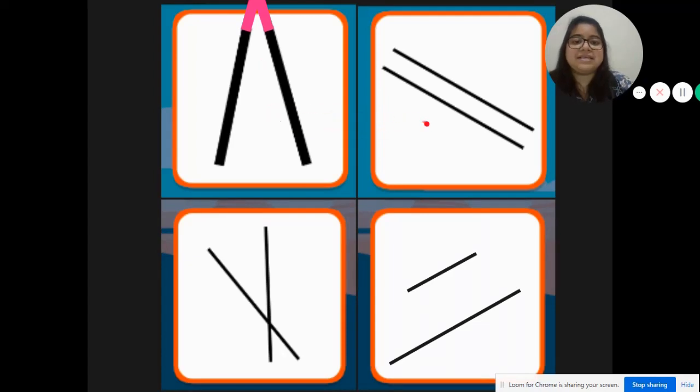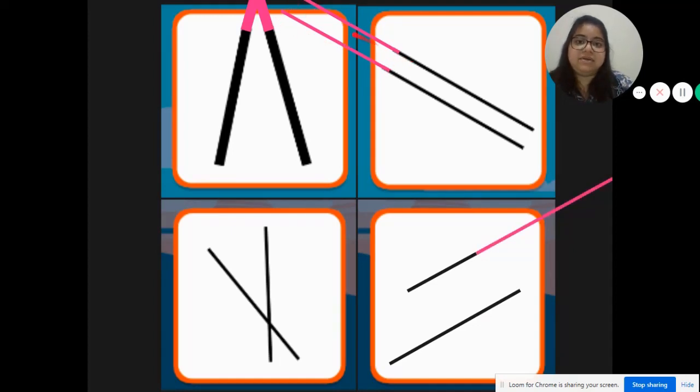Let's go to the next set of lines. Okay, now let's see whether these two lines are parallel. They are running alongside each other. Yes, they are. What about when we extend, what happens? So we extend these two lines and see what happens. Are these two lines coming and meeting anywhere?